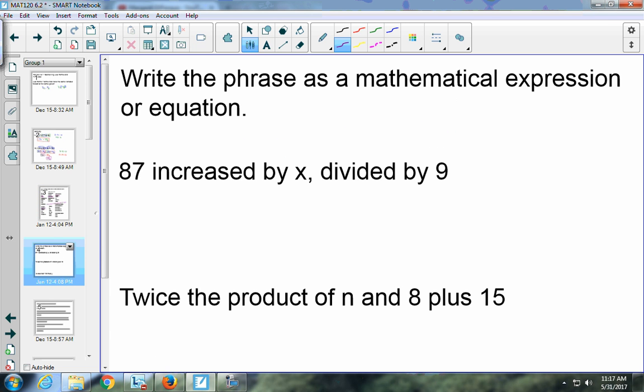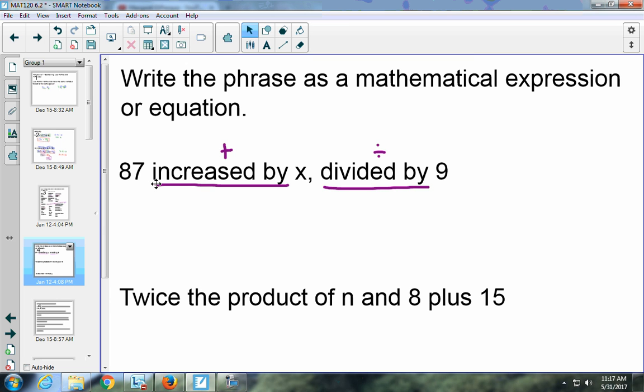So if we look at this, 87 increased by x divided by 9. Increased by is a key word for addition, and divided by is a key word for division. One thing that's a little bit tricky is this comma.